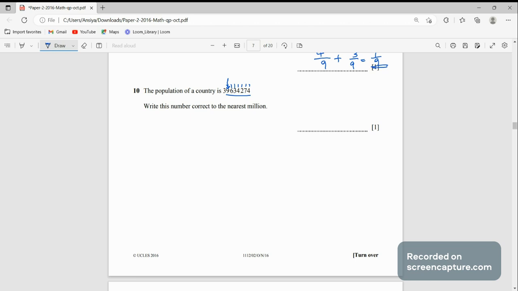Okay, so what we usually do, that is 39. 39 can stay 39 or it will become 40, depending on the next number. What's the next number here? It is greater than 5, so it will become 40. So 40 and all the other digits will become 0. 1, 2, 3, 4, 5, 6 zeros. So we are rounding. Okay, next one.